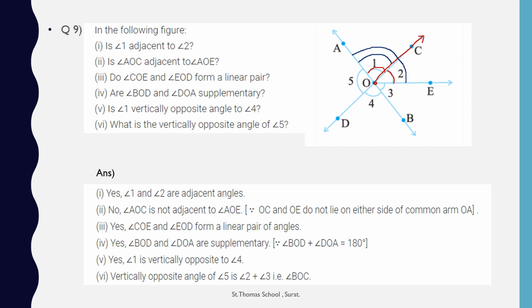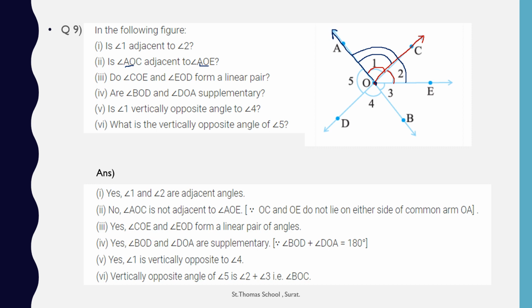So let's check. This is the common vertex. Yes. Now which is the common arm? AOC and AOE, you can see here AO and AO, right? That means this side is common. So this is the common arm. The common arm is OA. Clear?